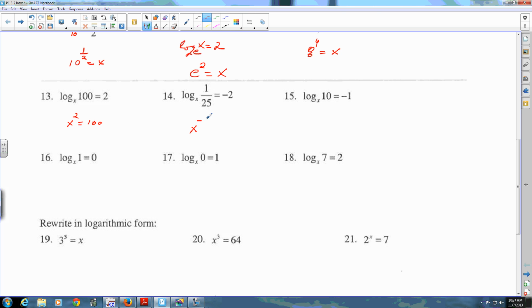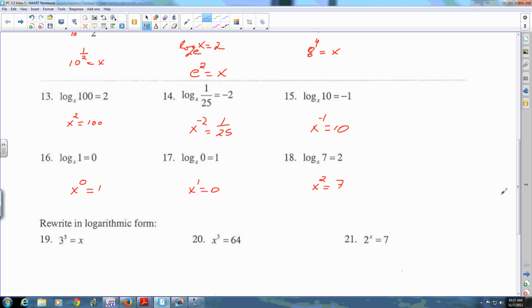X to the negative 2 is equal to 1 over 25. And x to the negative 1 is 10. X to the 0 is equal to 1. X to the first is equal to 0. X squared is equal to 7.